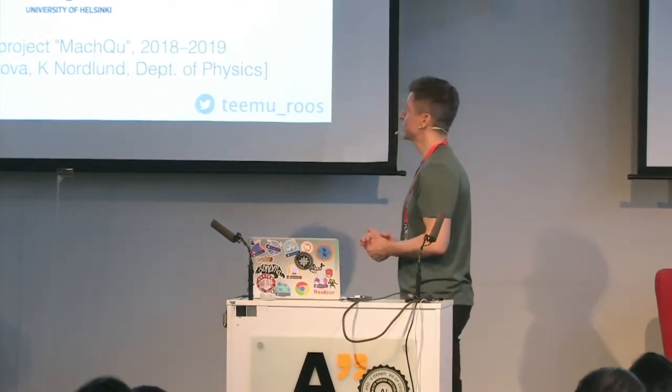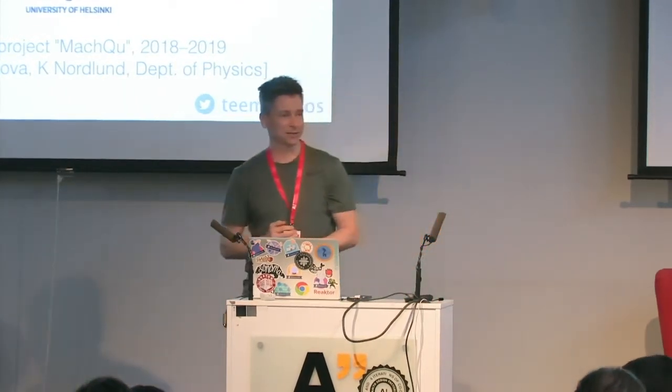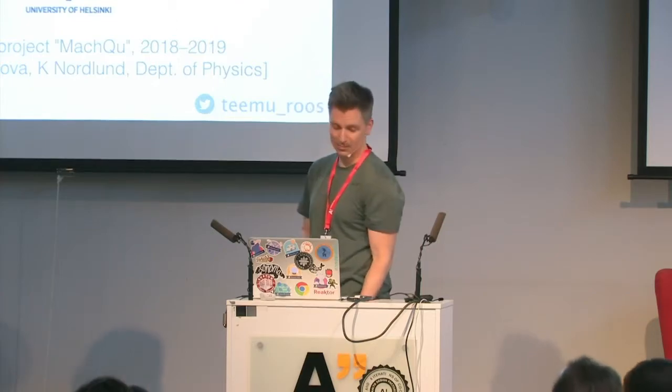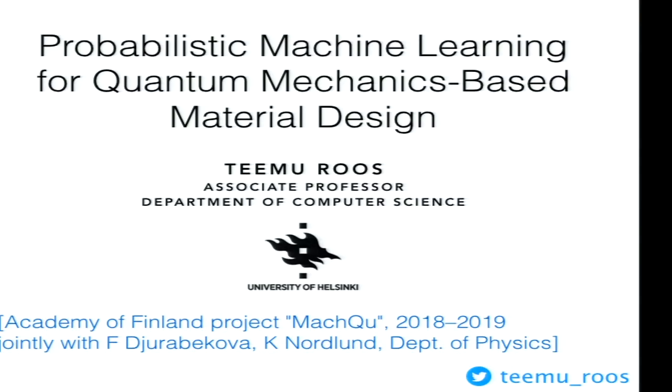My name is Teemu Roos. I'm from the neighboring university, University of Helsinki, and we work with the physics folks that I'm sure many of you know there, namely Kai Nordlund's and Fjula Durabekovac's group at the Department of Physics. I'm a computer scientist myself, as you will be able to tell when I speak about physics.